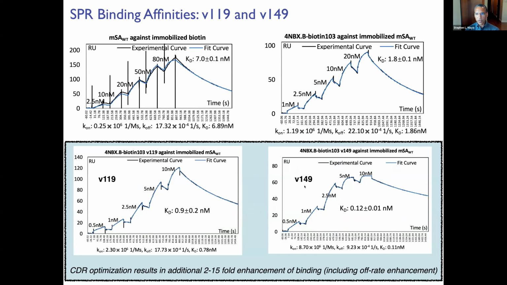Variant 149, which was designed to have off-rate optimization, has again significantly improved binding, down to 10th nanomolar. And as you can see from the SPR experiments, the off rate does appear to be slower compared to the parent. So we're getting an additional 2 to 15-fold enhancement of binding, including improvement of the off rate as desired.